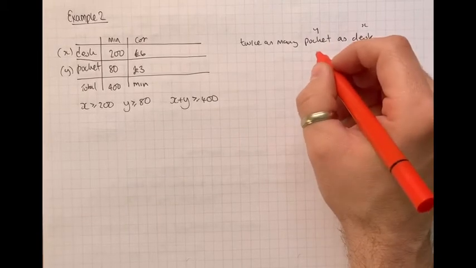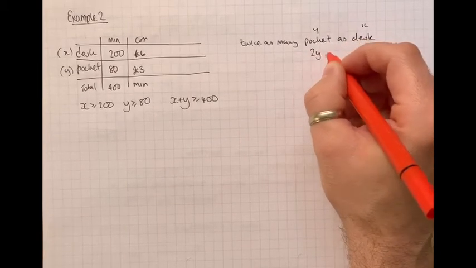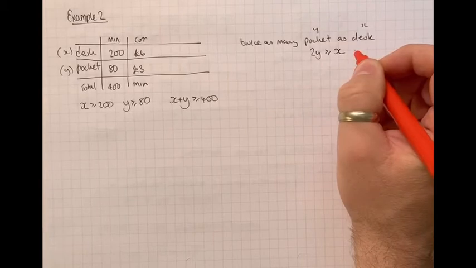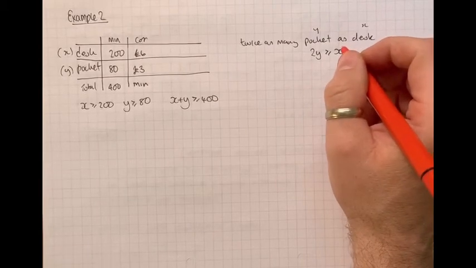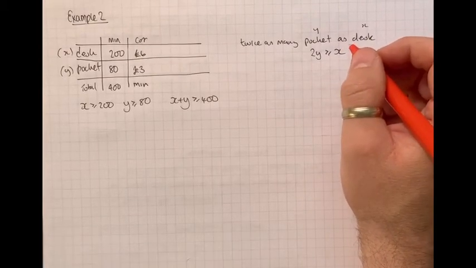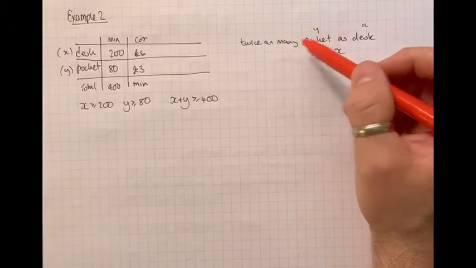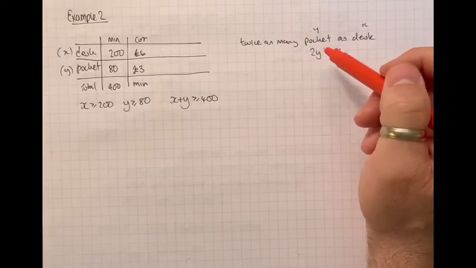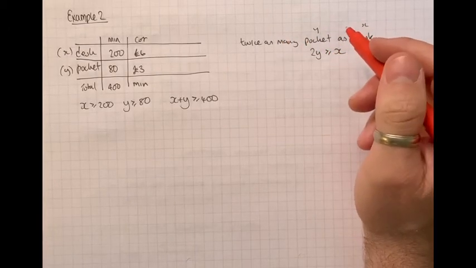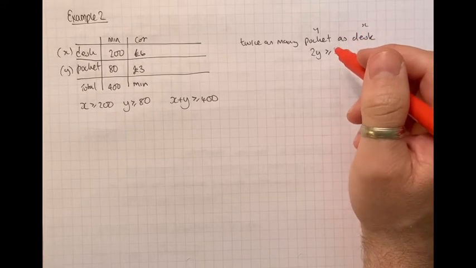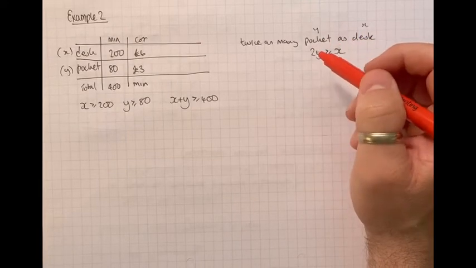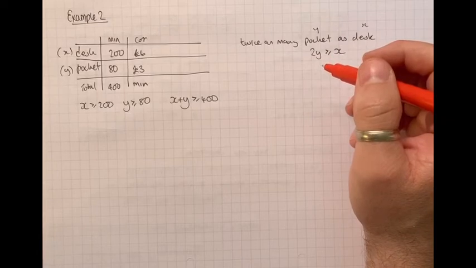So the most intuitive thing to do is to write 2y must be bigger than or equal to x. And that's what a lot of students would write. But unfortunately that's wrong. Now, the way I'd recommend to deal with questions like this, where it's talking about twice as many, 3 times as many, at least half, at most half, anything like that, is to put some numbers in.